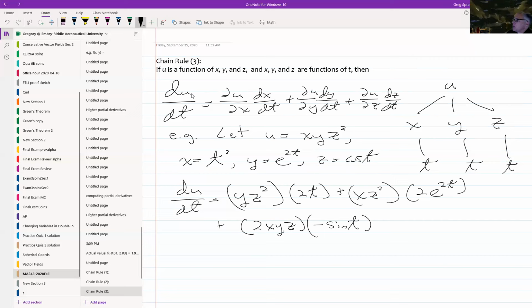Now I want an answer that's in terms of t alone. So I'll replace all the x's with t squared, all the y's with e to the 2t, and all the z's with cosine t.